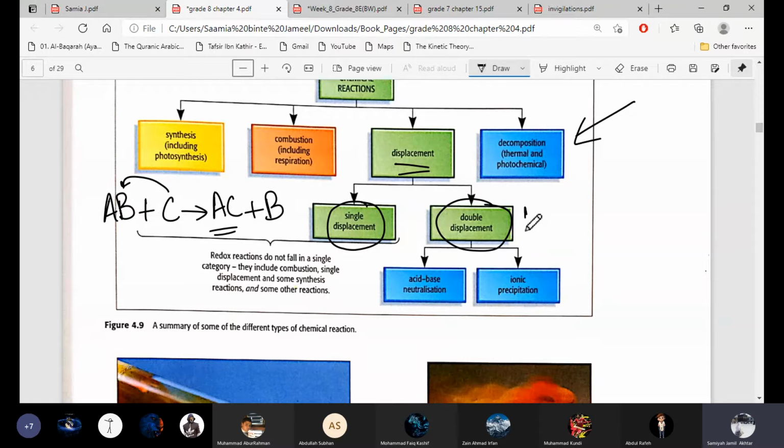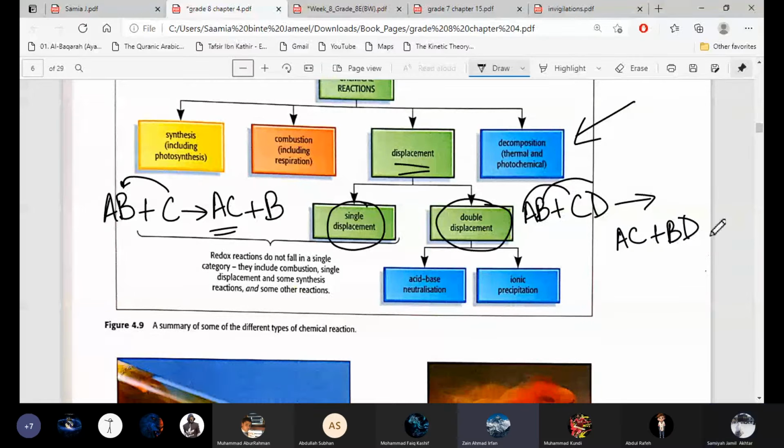In double displacement, we have AB and CD, and after the reaction, they displace each other. As a result, AC plus BD is formed. So this is double displacement, in which both of the things are replaced.